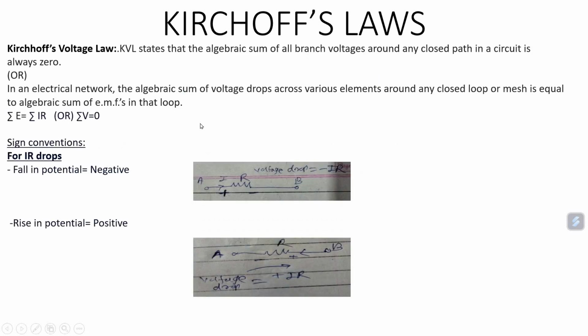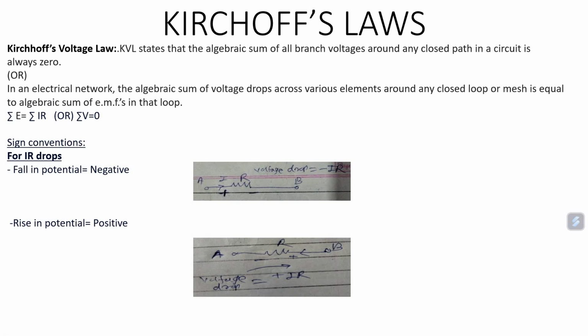Now Kirchhoff's voltage law, also called KVL. What is the statement? KVL states that the algebraic sum of all branch voltages around any closed path in a circuit is 0, which mathematically can be represented as summation of V is equal to 0.